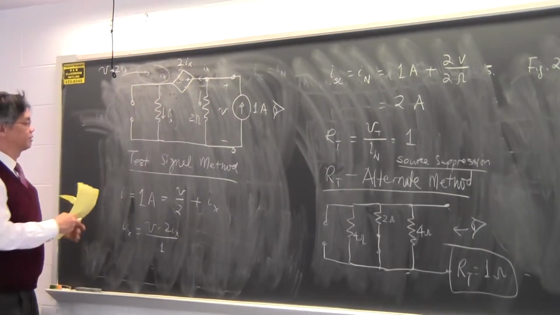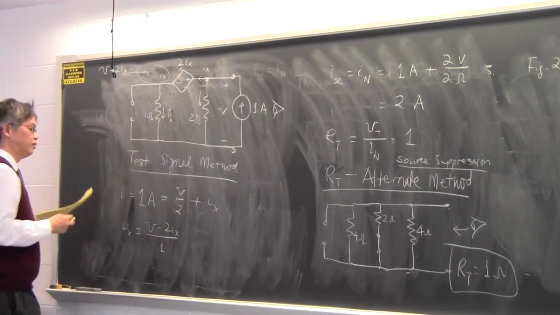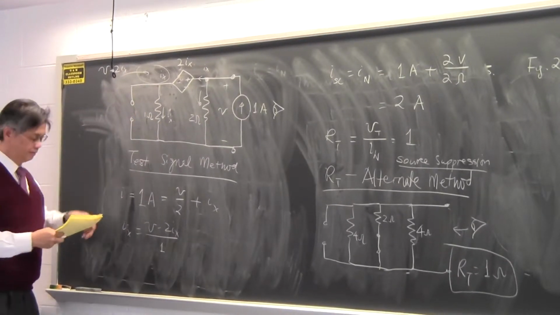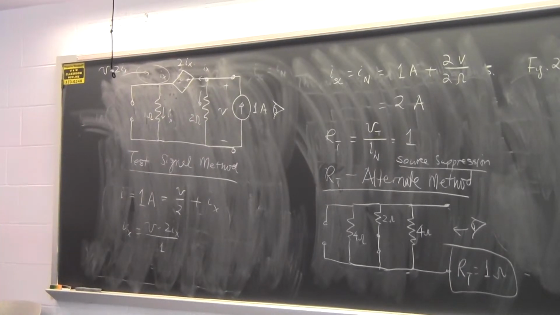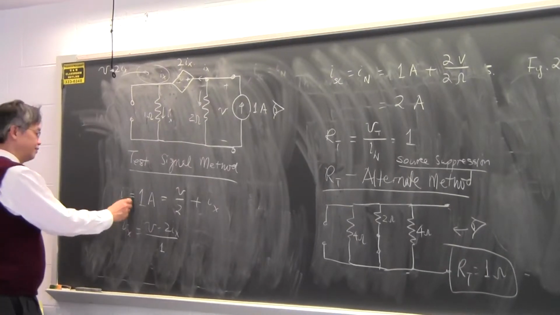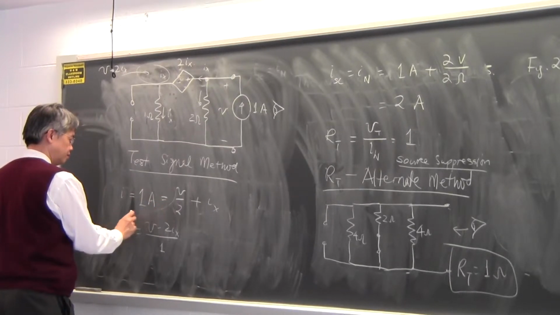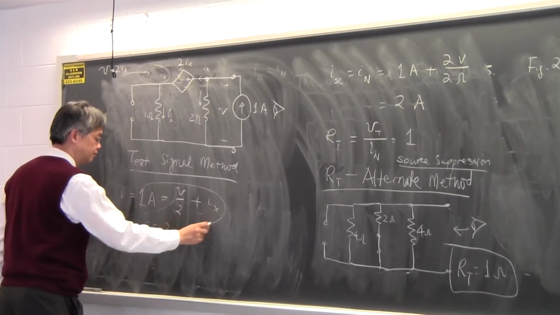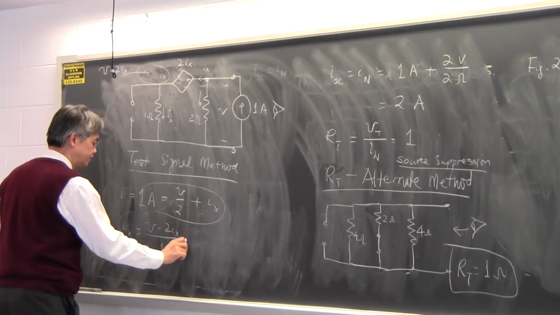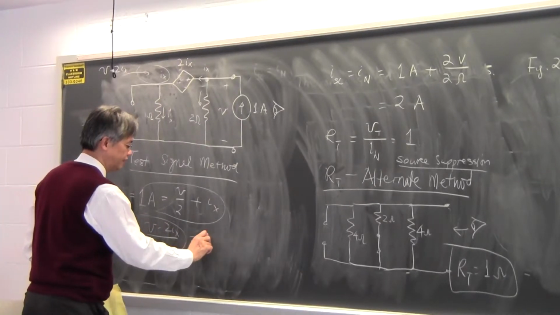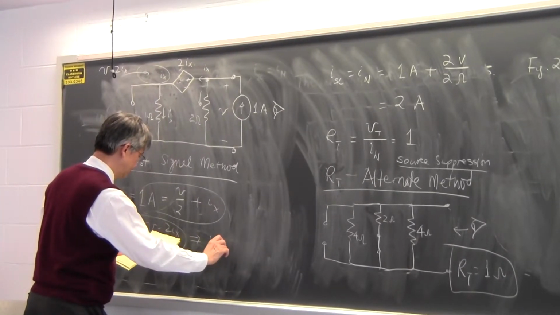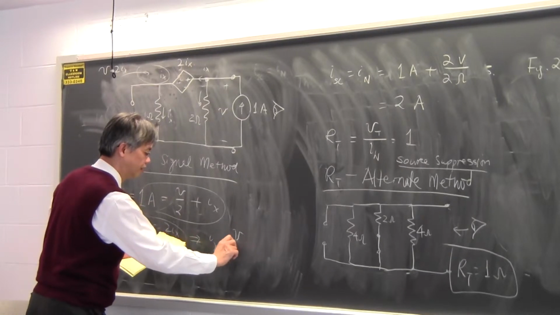And that voltage source divided by this 1 ohm resistor gives me Ix. And from these two equations, I can solve for Ix. This equation together with this equation, I get the fact that Ix is equal to V over 3.